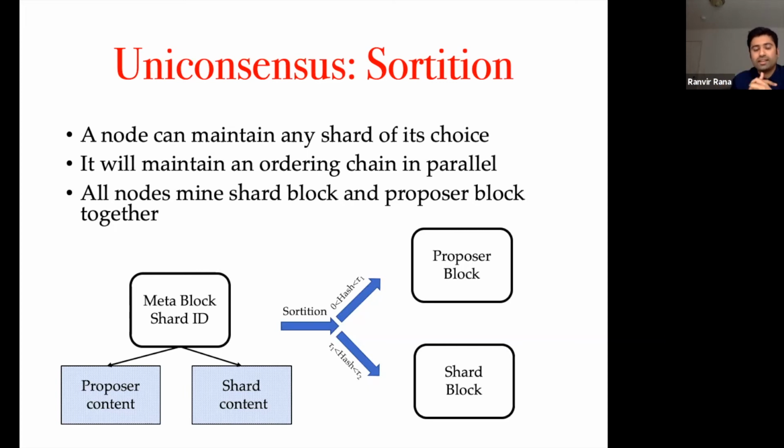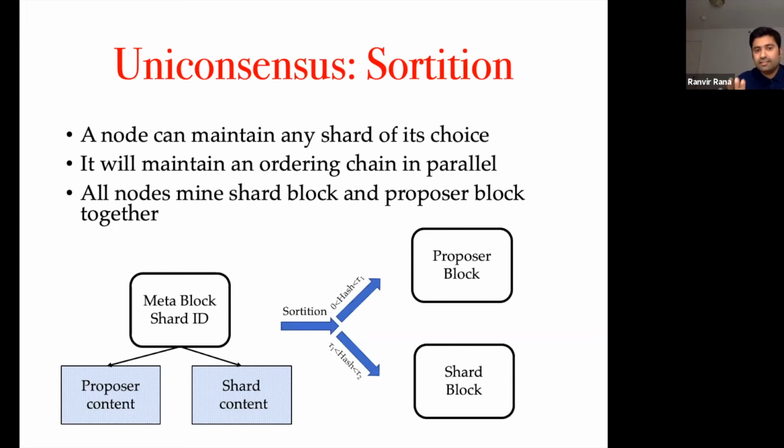Proof of work sortition runs by creating a meta block with a particular shard ID. You fix the shard ID before mining, and based on where your target is, you either mine a block which corresponds to consensus, the single global consensus, called a proposer block, or you mine a shard block, which is a payload block which contains transactions for a shard.